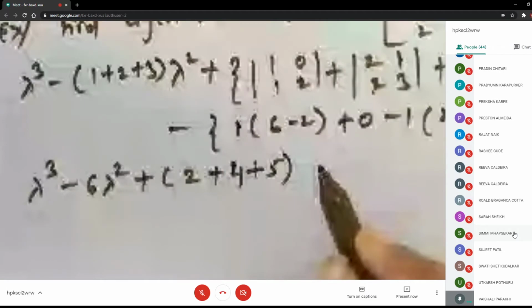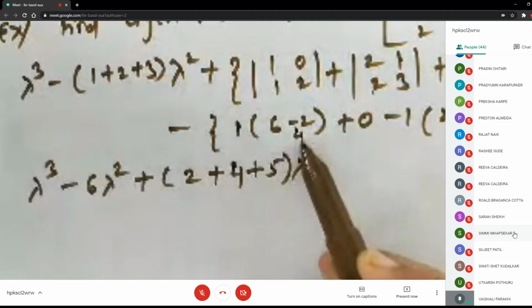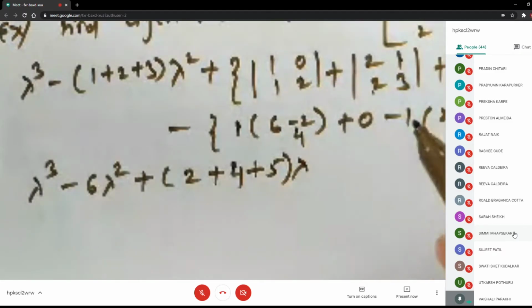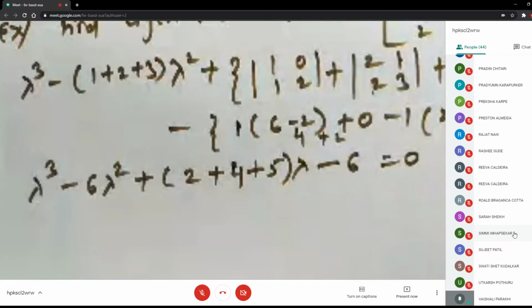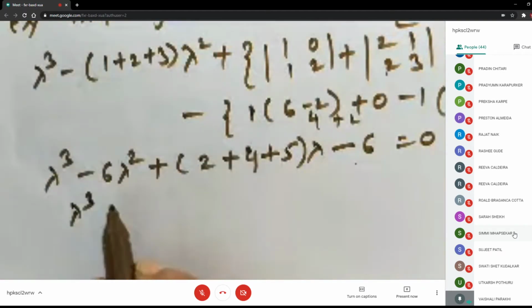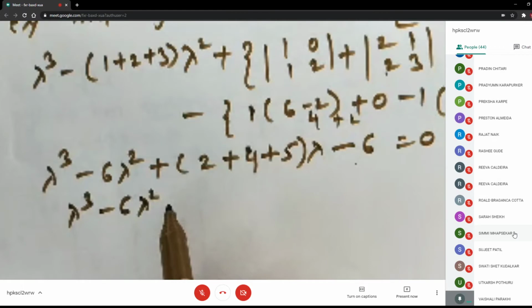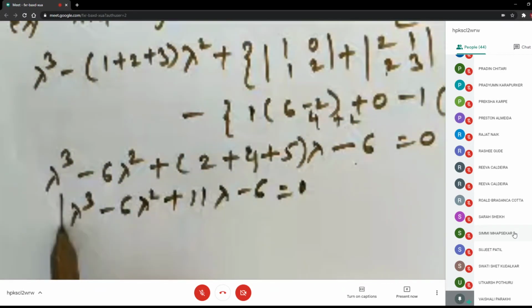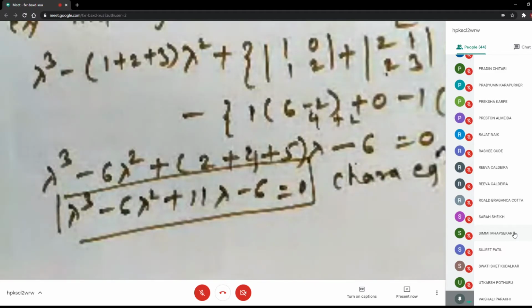This is the coefficient, right? And see what the value of this is, students. 6 minus 2 is 4 here, and this is minus 2. So 4 plus 2 is 6. But by default, the formula contains a minus sign for the last term. So it will be minus 6. So your equation is lambda cube minus 6 lambda square plus 11 lambda minus 6 is equal to 0. So this is your characteristic equation, right? Now get the roots of this, students, from the calculator.